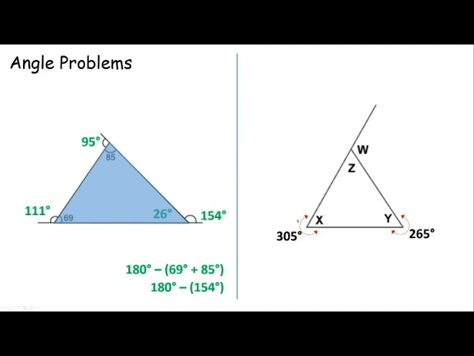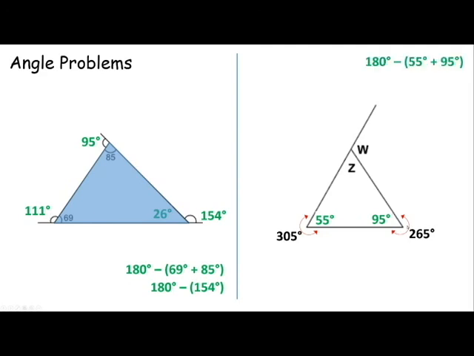Notice that this is 305, but a full circle is 360. That means the interior must be 55. If a full circle is 360 and this much is 265, that should tell you that the inside is 95. If these two angles are 55 and 95, notice you have a triangle.